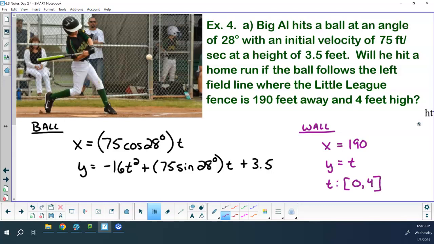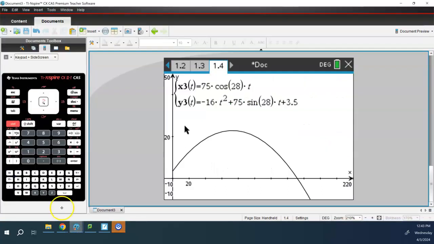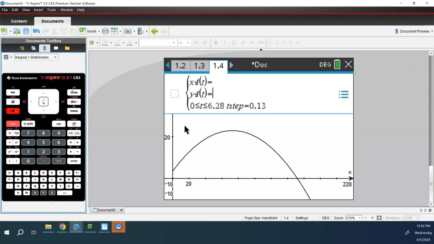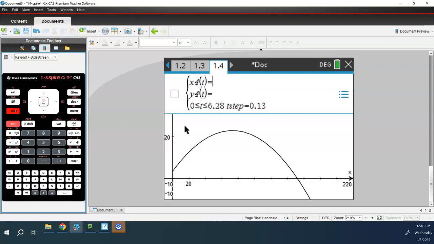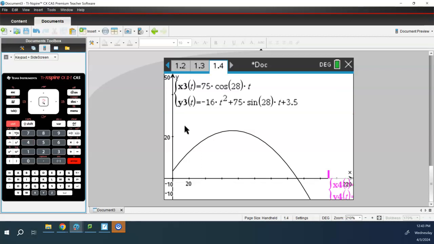Put that one on the same graph. So you're going to go into your graph, and you're going to hit tab, and that's going to pop open a brand new function spot. You're going to go 190 there. You're going to go t there. And you're going to go 4 here, and you're going to realize Big Al didn't hit a dinger.